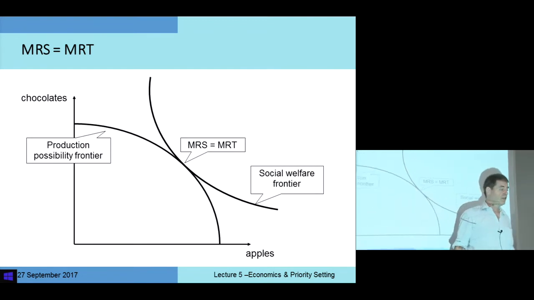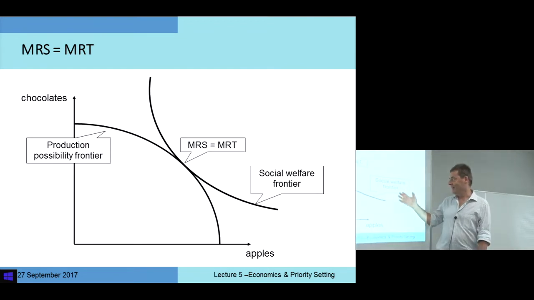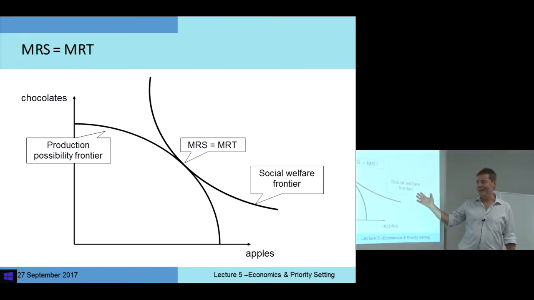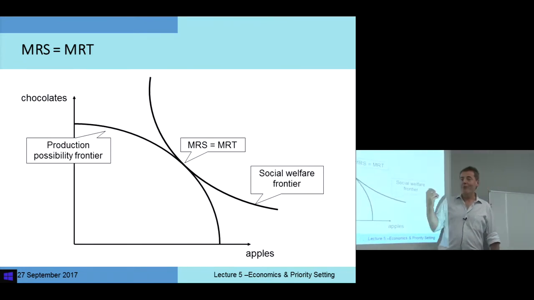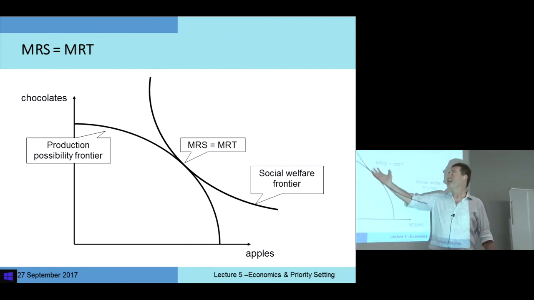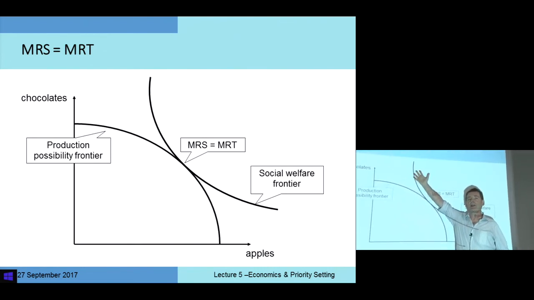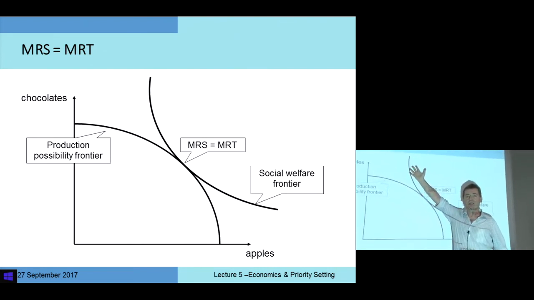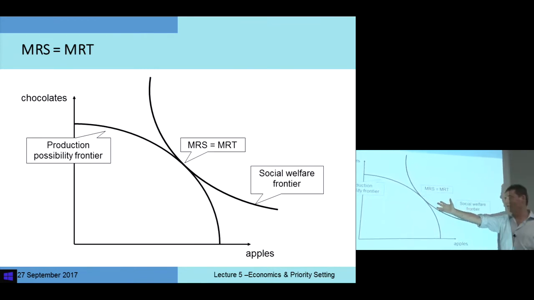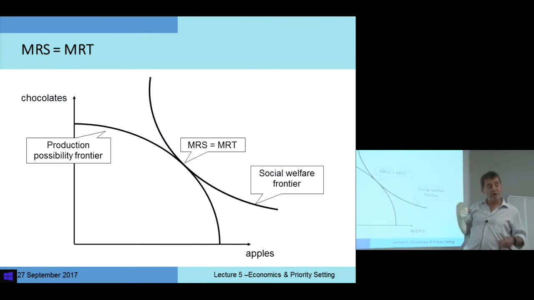So it's a marginal rate of transformation. Similarly, we call it a social welfare frontier. We can imagine a curve that is showing what people value, the different combinations of chocolate and apple that are of equal value to them.